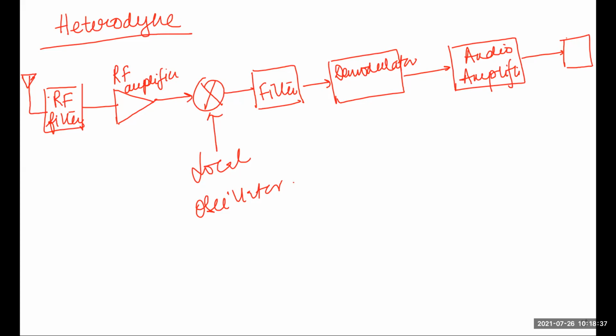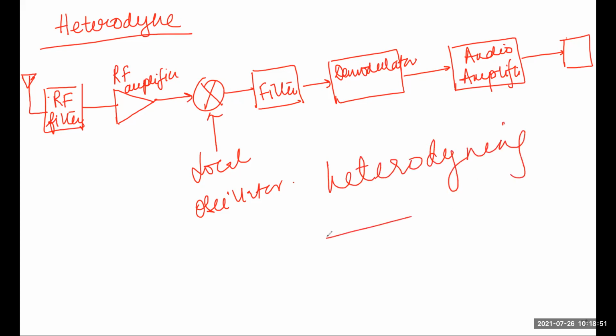This combining and mixing of 2 frequencies is a technique. Because it is happening through heterodyne, it is called heterodyning, and this was invented by some scientist.